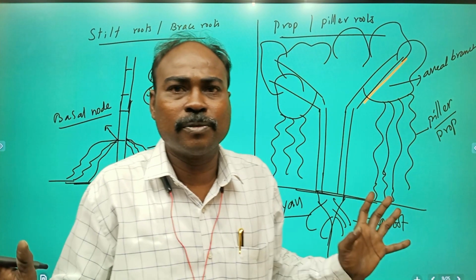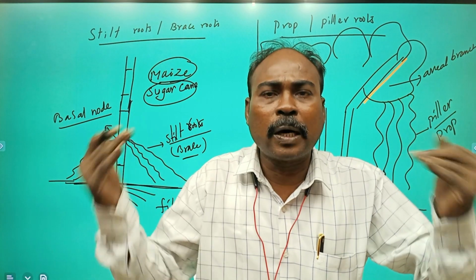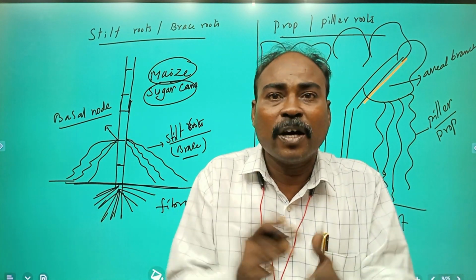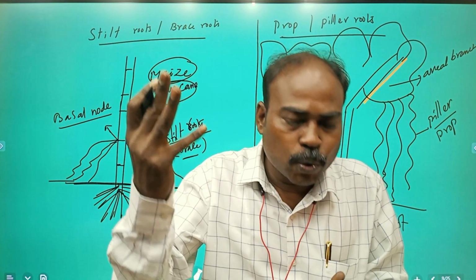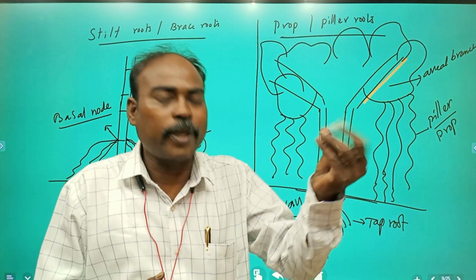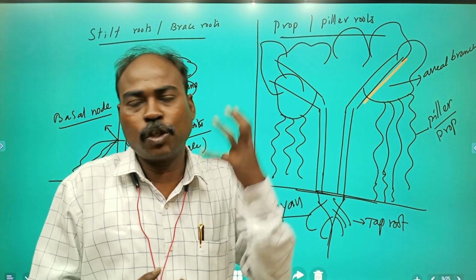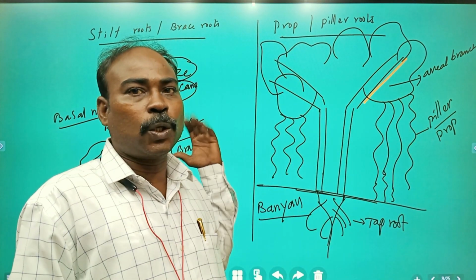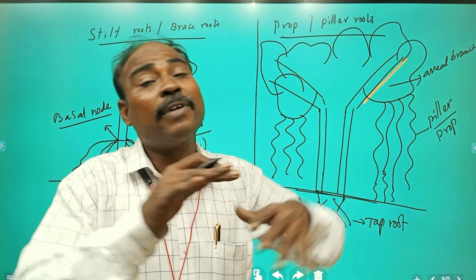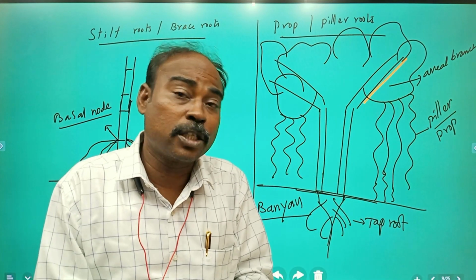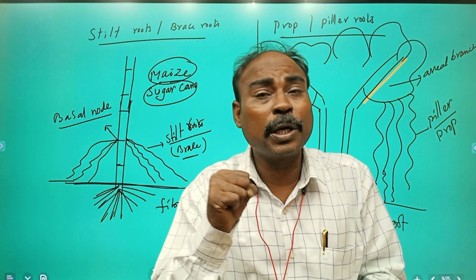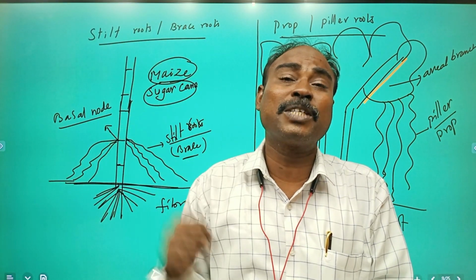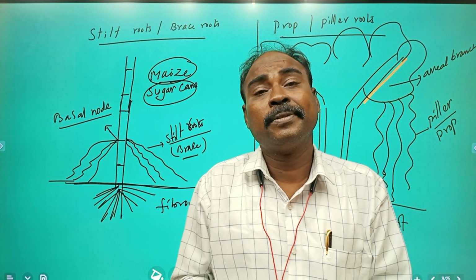In these plants, the complete root or a part of the root gets modified to perform different functions. Storage roots participate in food storage. In prop roots and stilt roots, additional mechanical support is given by the root. In the haustorial roots, the roots steal food, water and minerals from the host plant.